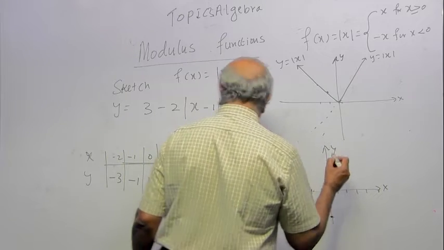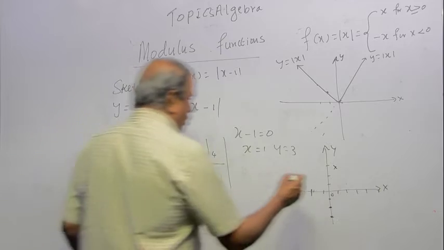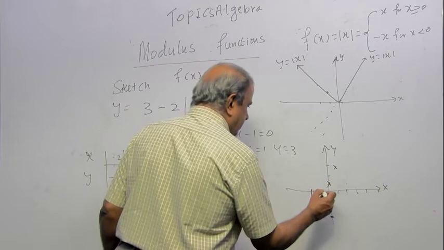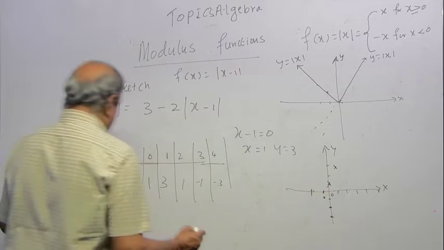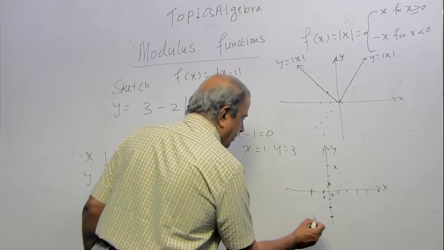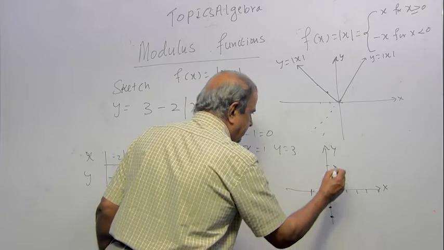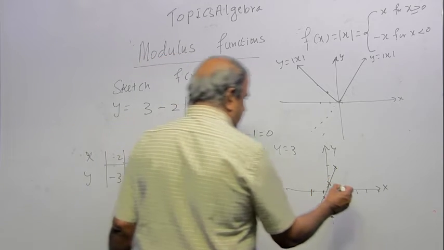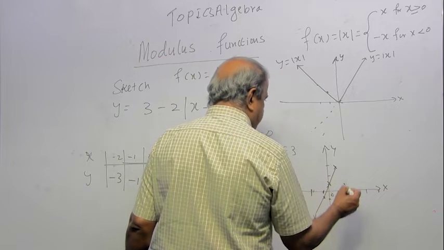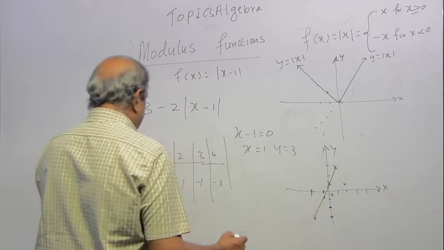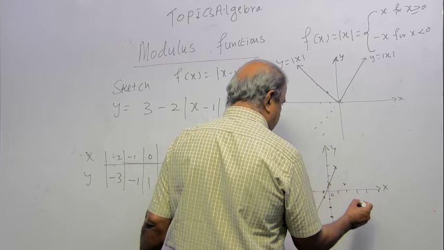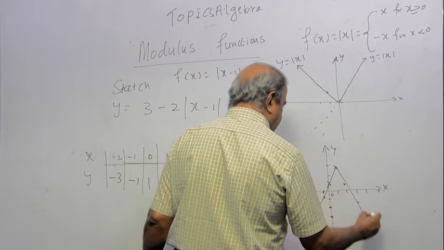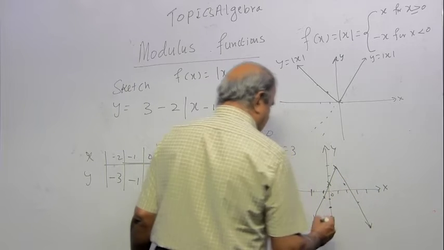Then I go back: (0, 1), (minus 1, minus 1), (minus 2, minus 3). You got that graph? And then (2, 1), and then (3, minus 1), and then (4, minus 3). See that graph? That would be the graph.